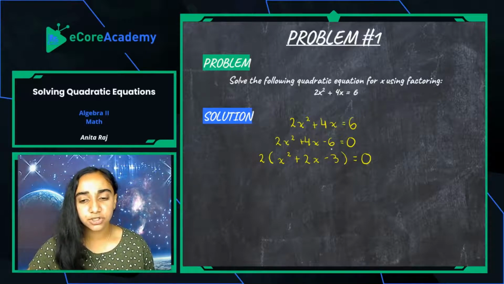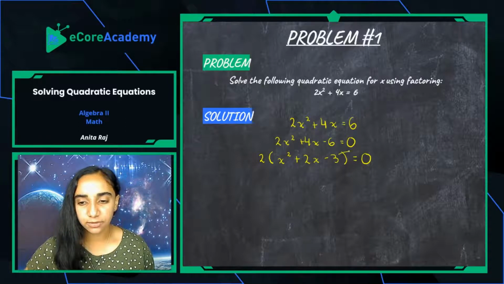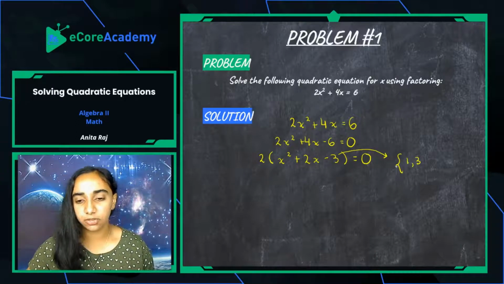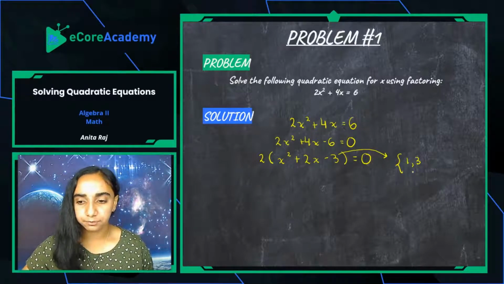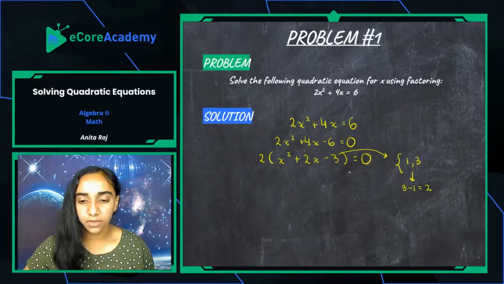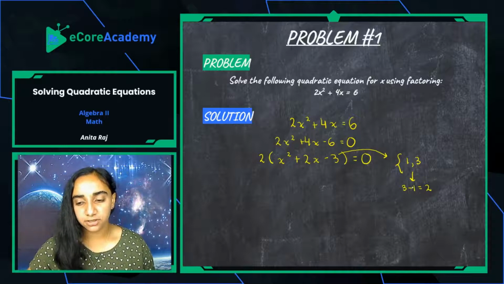Now we're just going to factor this like a normal quadratic. So let's look at our C term and break it down into its factors. Because 3 is a prime number, its factors are 1 and 3. So how can I add or subtract 1 and 3 to get 2x? Well, to do that, I can do 3 minus 1, which is equal to 2, and that is our B term. So this works.